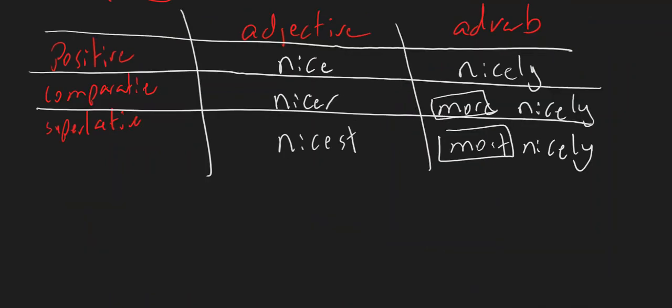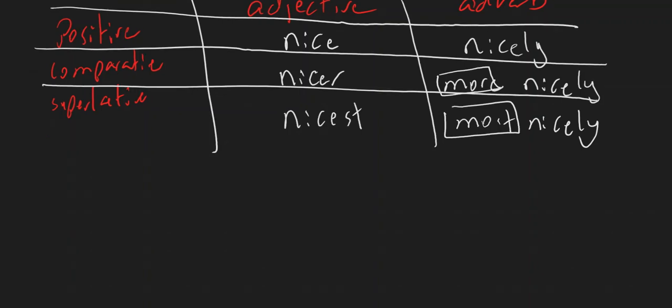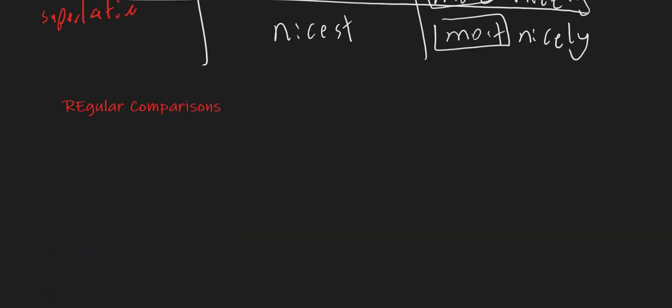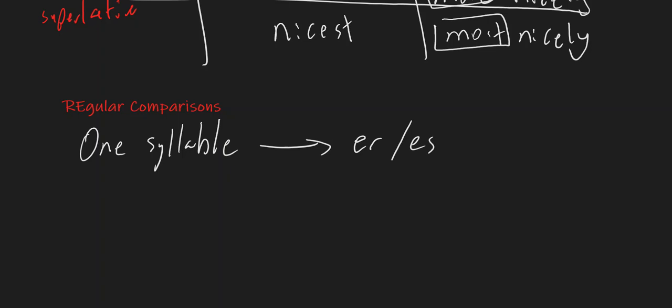However, when do we decide whether to add an er at the end, or whether to add more before the word? Whenever you have a one-syllable word, then we always add er for the comparative or est for the superlative, like the one we saw before, which is nice, nicer, or nicest.